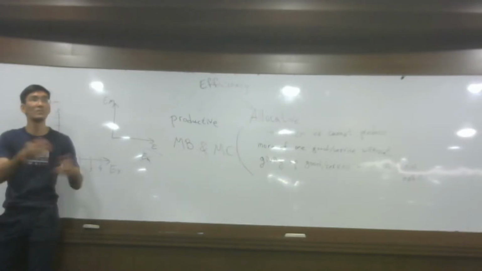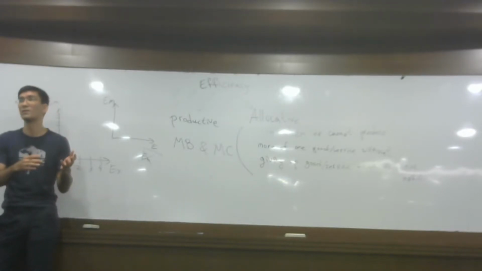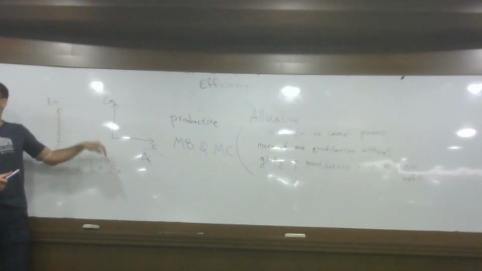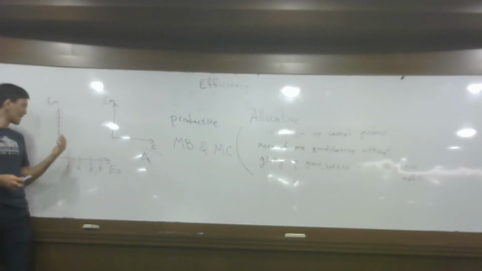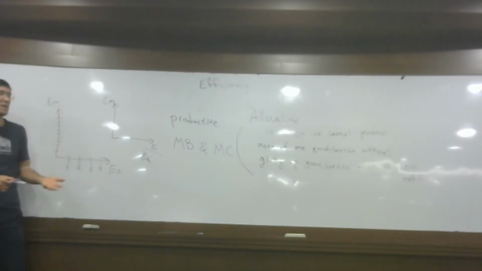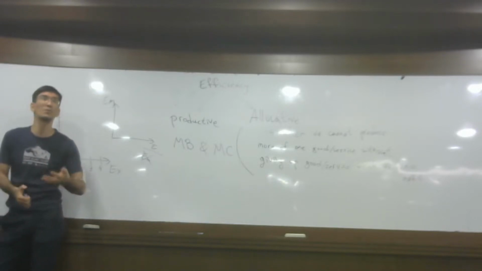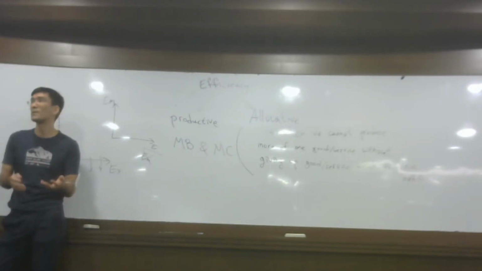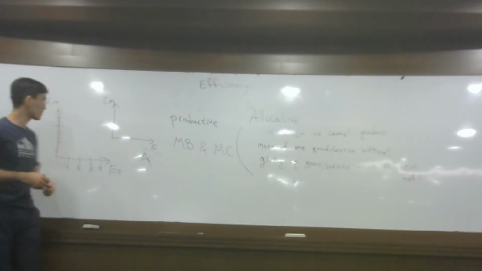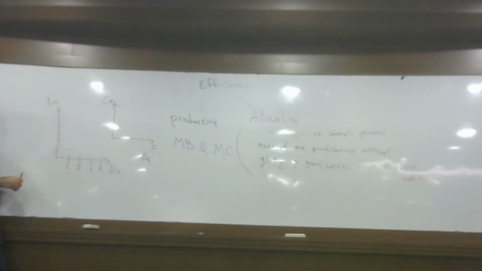When we switch them around from making one thing to another, the shape of the PPF looks like a bow. In this case, it's only one person, so let me introduce some kind of bow shape by saying that maybe you get tired when you write too many emails. The first email is probably quick, the second is not as quick, the third is slower, and so on, because you're getting tired.